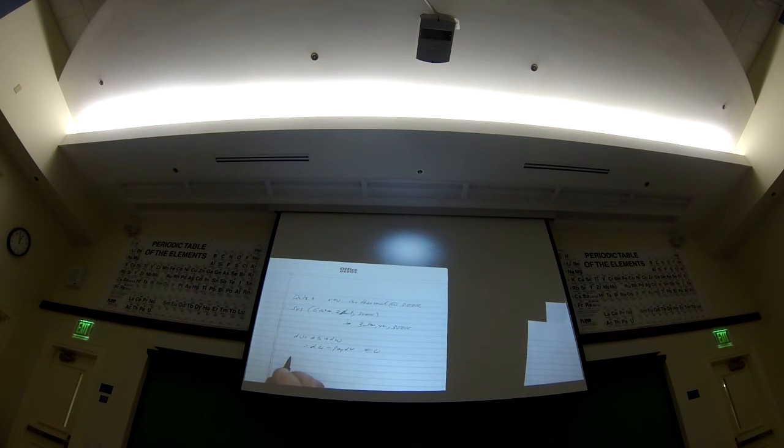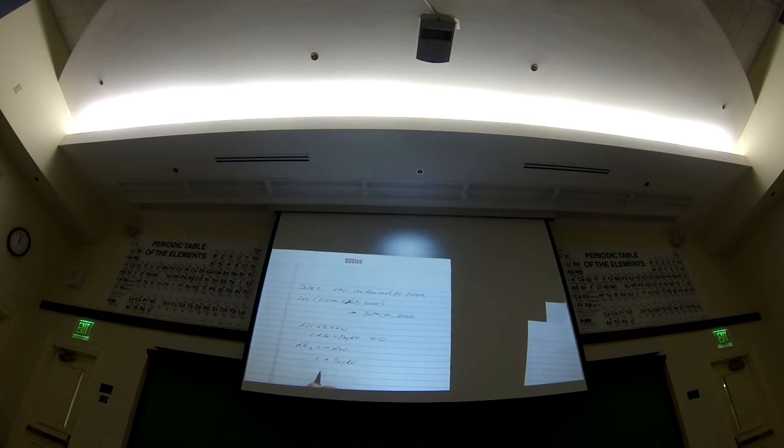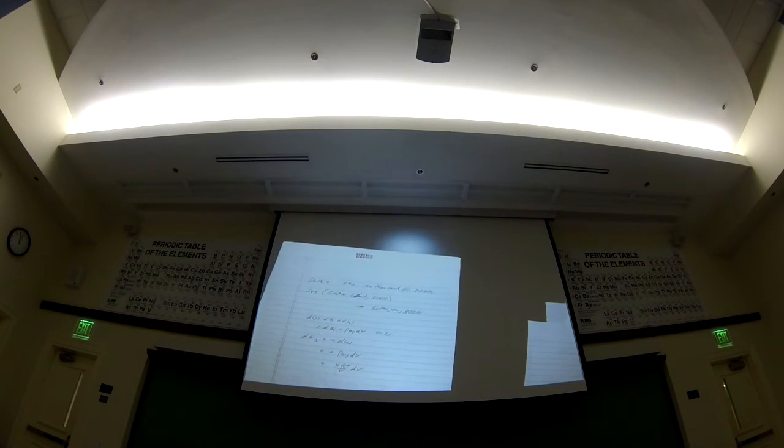So that dQ1 is equal to minus dW1, and this is an expansion process, and minus dW1 is plus P applied dV. P applied is NRT over V dV.